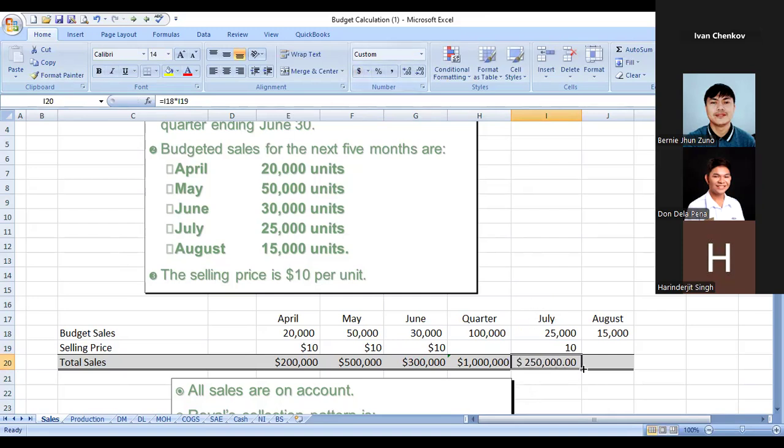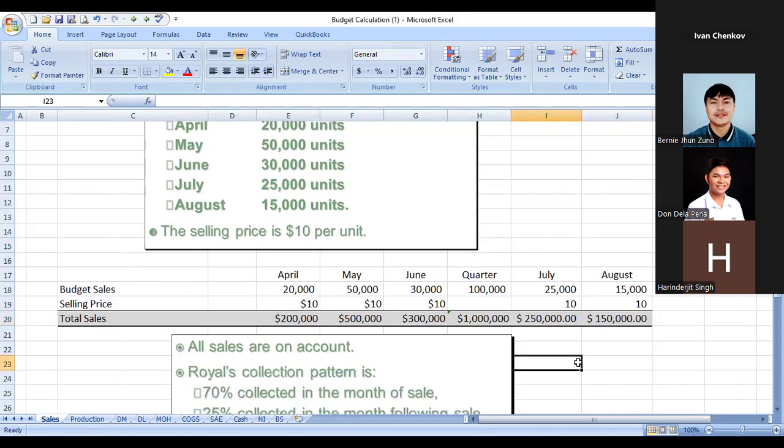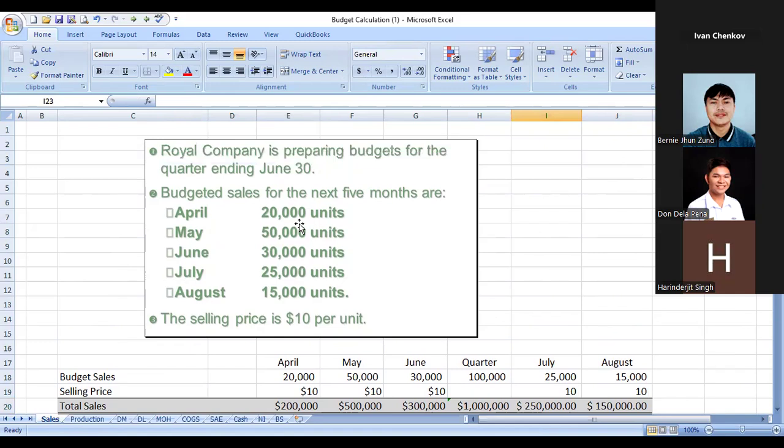And in August, we expect to have $150,000, as you can see right now. So that's our projected sales based on our projections. For the quarter, we're expecting to generate $1 million in sales.